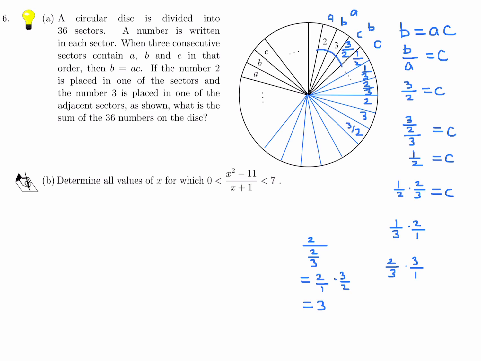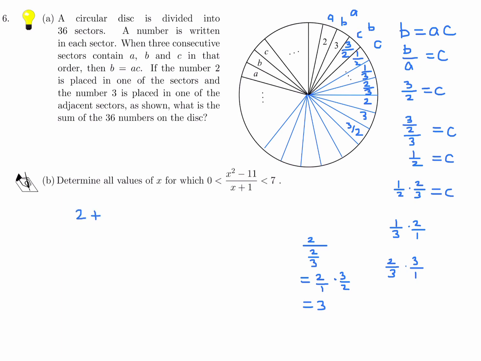And as you can see, we're pretty much right back where we started. So that means that there's a pattern here, that the pattern looks like it repeats every 6. Those 6, as you can see, repeat. And that makes it very easy for us now to figure out the total sum of those 36 numbers.